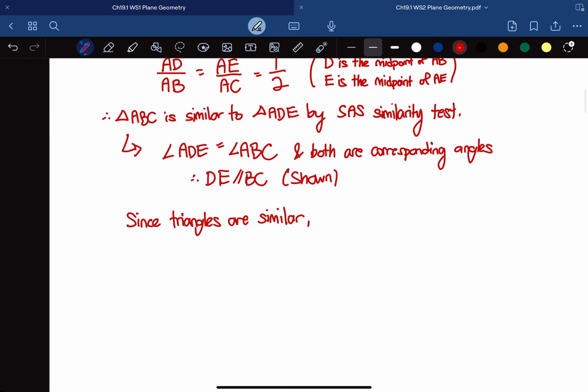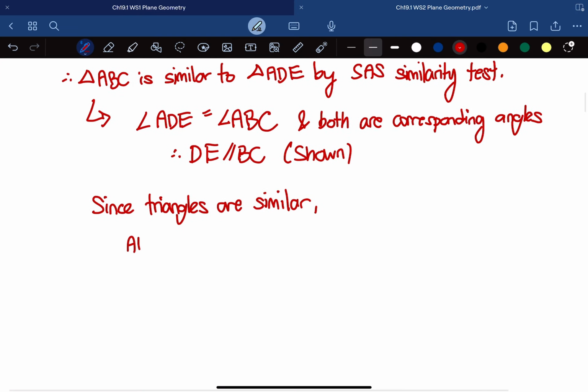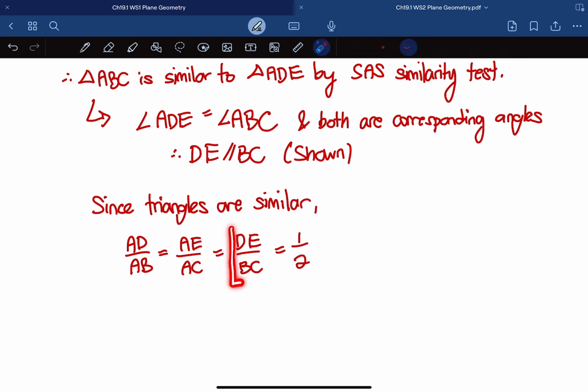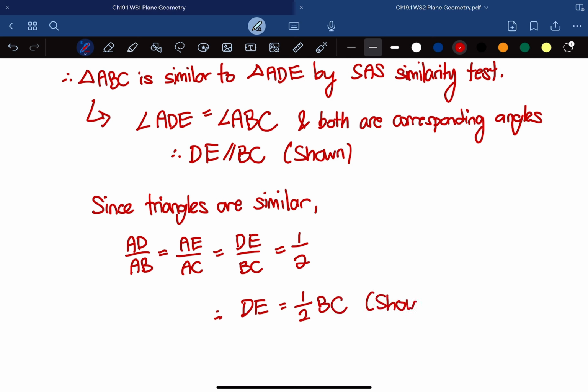So AD over AB is equal to AE over AC, and it also equals DE over BC. And this ratio is 1 over 2. If I focus on this equation alone, I obtain that DE is equal to half of BC. And this is the second property, shown once I've proven that these are similar triangles.